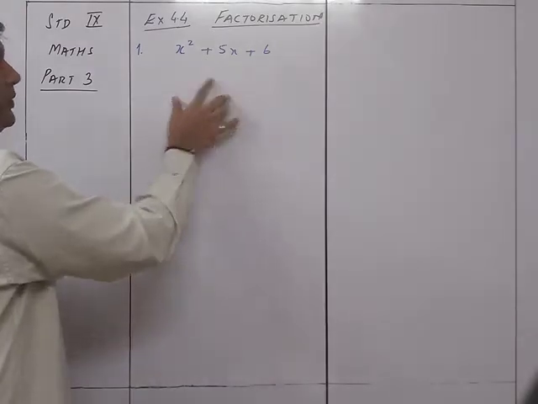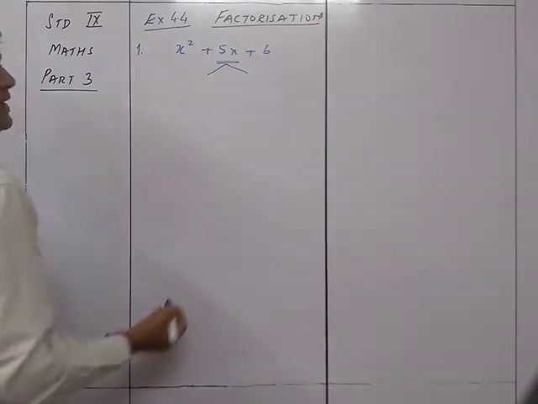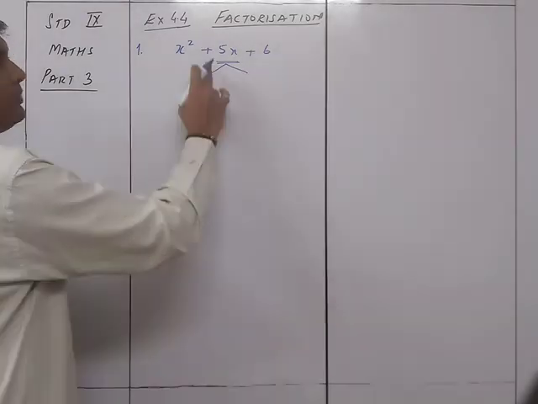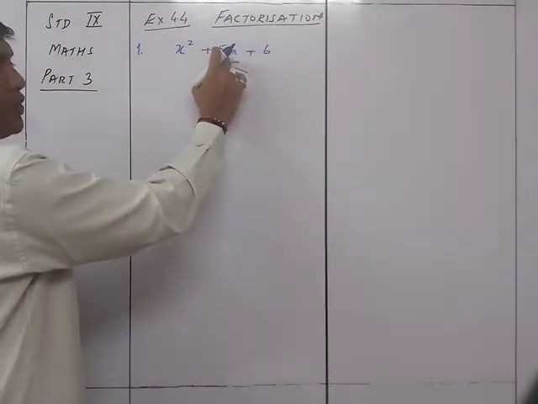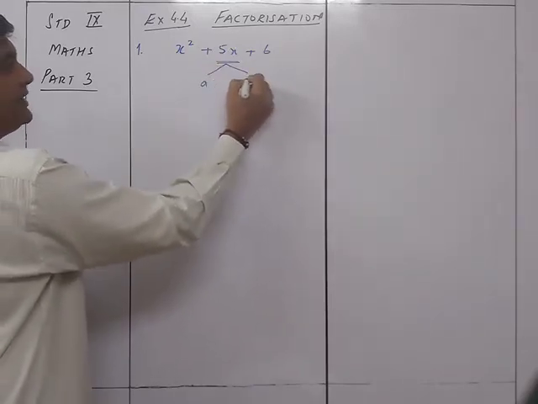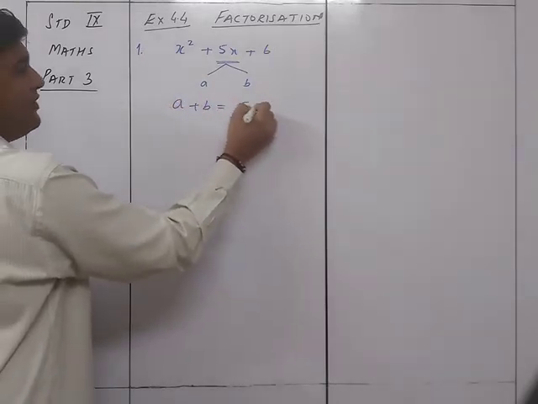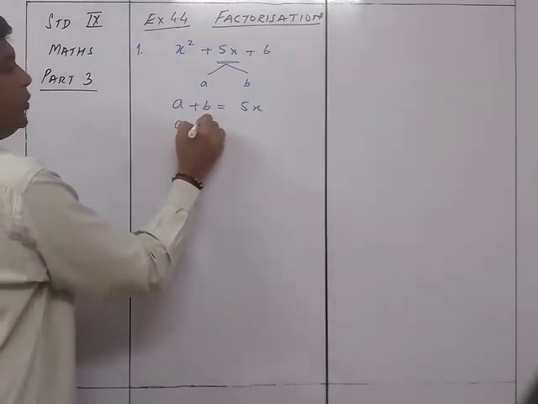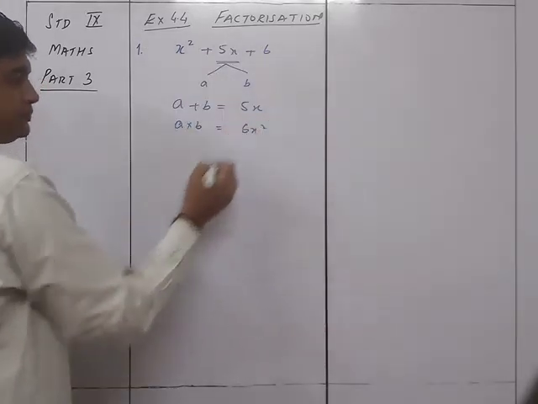So in this case what we do is that we split the middle term into two parts such that the sum of the two numbers will be equal to 5x, and the product of the two numbers will be equal to the product of the first and last terms. Suppose this is a and this is b. So a plus b will be equal to 5x, and a into b will be equal to 6 into x square, that is 6x square.